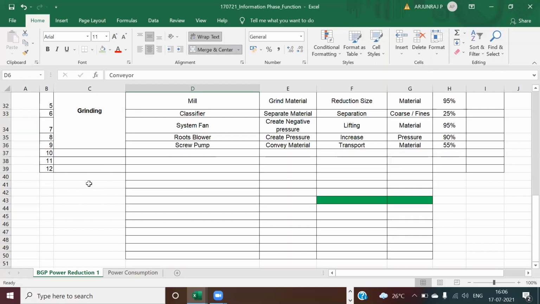You can do it in a number of ways, even the way you did previously: after grinding, what's the next stage, and then finally create the FAST diagram.